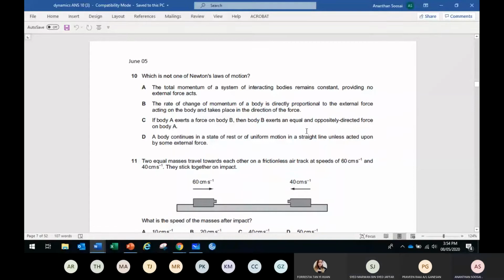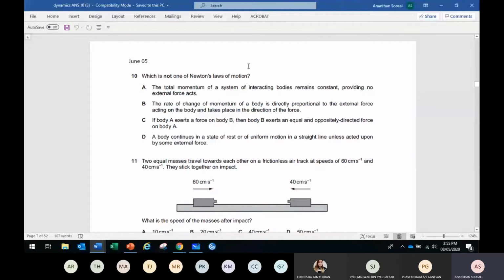A is what? Anyone? A is the principle of conservation of momentum. The total momentum before collision is equal to the total momentum after collision for an isolated system.